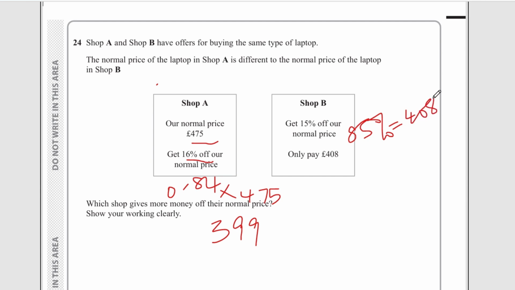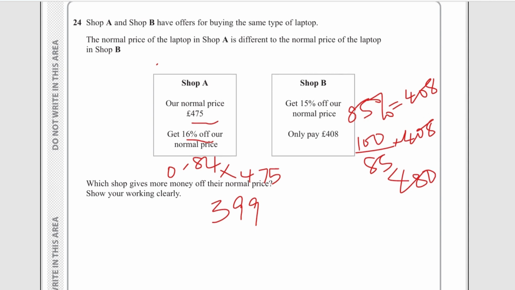Now, the simple way, 85% of something is 408. Flip and multiply. When you flip 85%, it becomes 100 over 85 times 408. Okay? So let's say they tell you 20% of something is 16. To get the full thing, flip and multiply. That's the best way. So flip and then multiply by 408, and that will give you 480. So that means the normal price was 480.